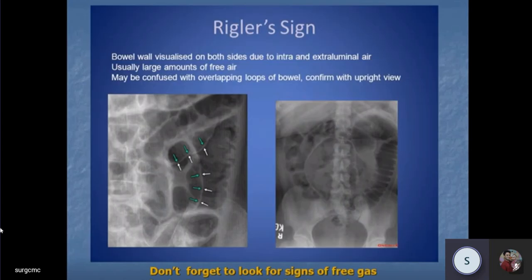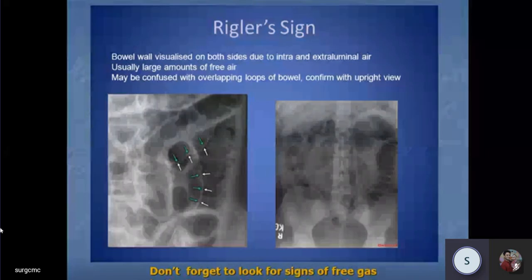Now, in an obstruction, there is just one thing to remember. If you get an intestinal obstruction, please don't forget to look for free gas under the diaphragm. As I discussed in the peptic perforation, there is free gas under the left hemidiaphragm, and there was intestinal paresis, and you can see a fluid level within the stomach.